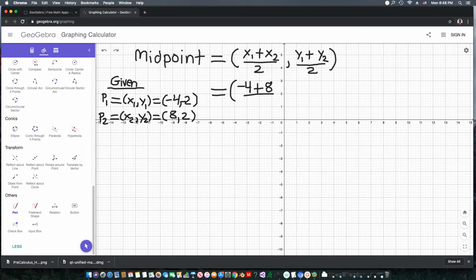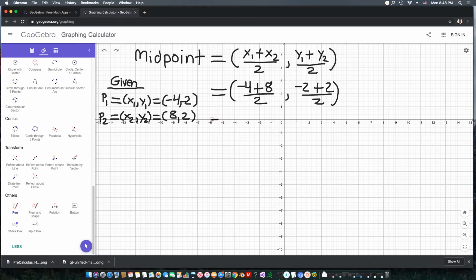And then we want to divide by 2. With respect to the y coordinates, y1 we get from point 1, its value is -2. And then y2 we retrieve from point 2, its value is 2. Then we divide by 2.